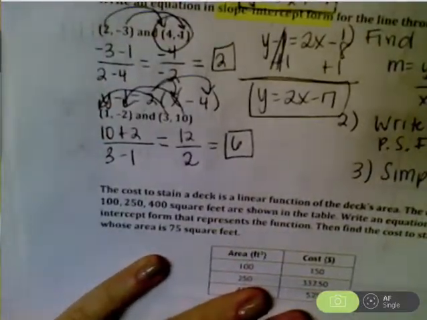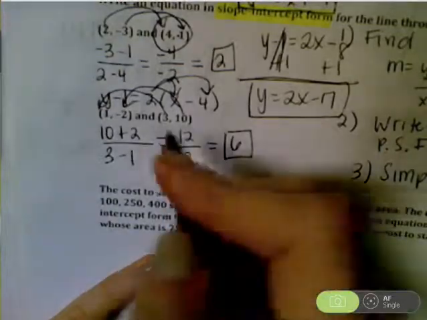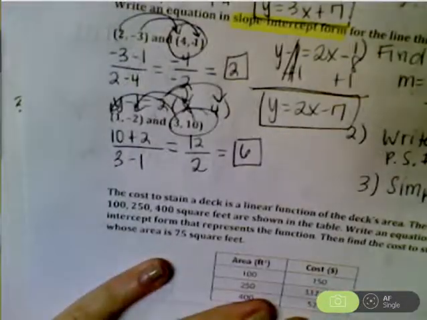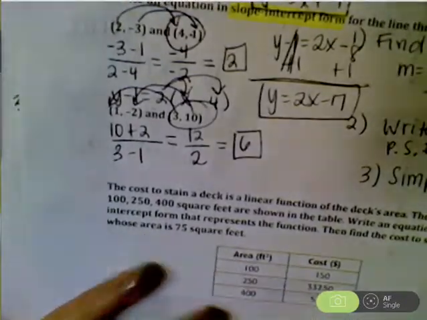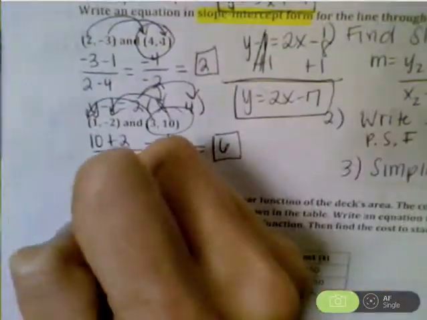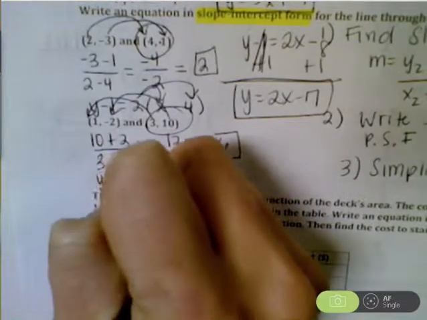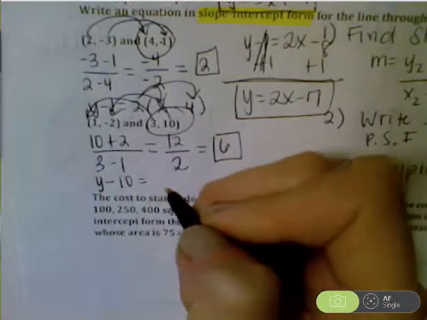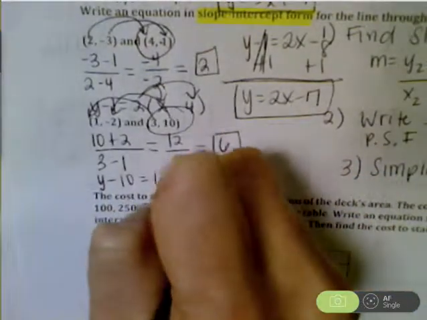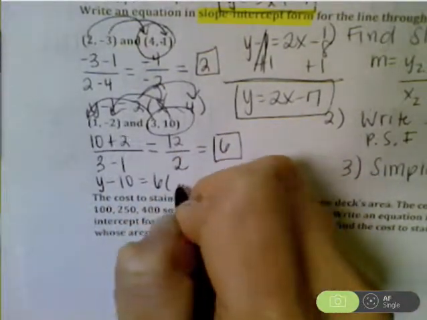I want to use (3, 10) because they're both positive. Okay, and if you use (3, 10) and a slope of 6, what should your equation look like? It should look like y minus 10 equals 6 times x minus 3.